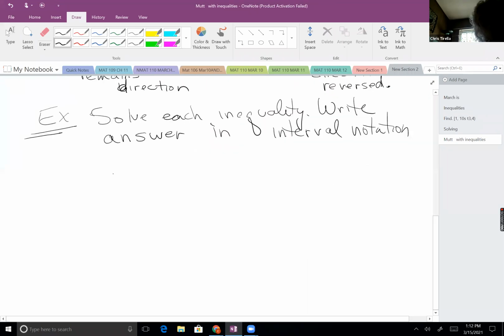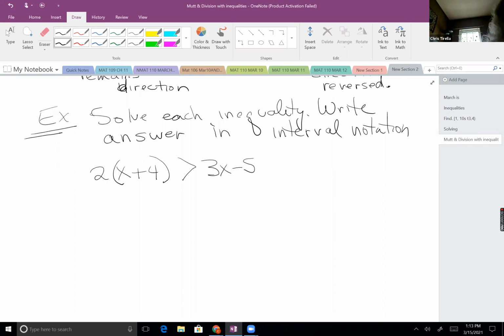Let's start with 2 times parentheses x plus 4, close parentheses, is greater than 3x minus 5. In order to solve this inequality, we want to start by simplifying each side as much as possible. So on the left, let's distribute that to 2x plus 8 is greater than 3x minus 5.